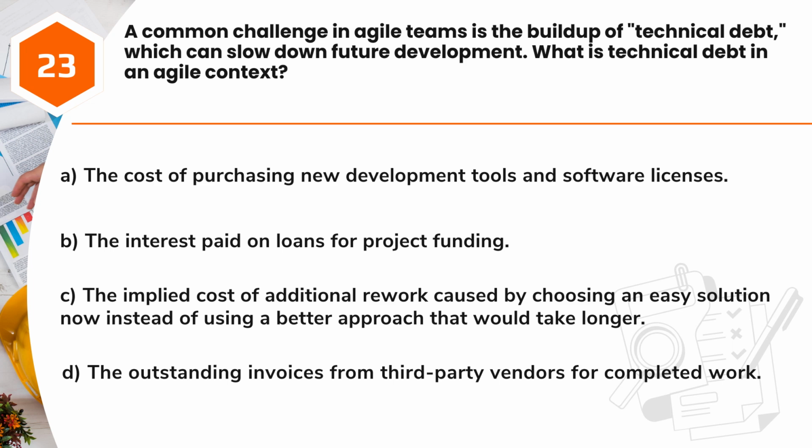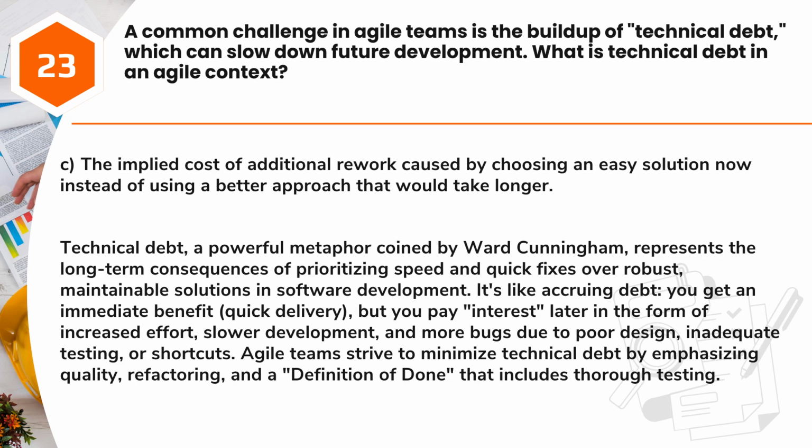Answer: C. The implied cost of additional rework caused by choosing an easy solution now instead of using a better approach that would take longer. Technical debt, a powerful metaphor coined by Ward Cunningham, represents the long-term consequences of prioritizing speed and quick fixes over robust, maintainable solutions in software development.